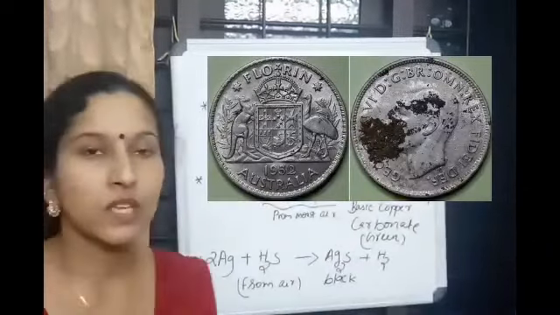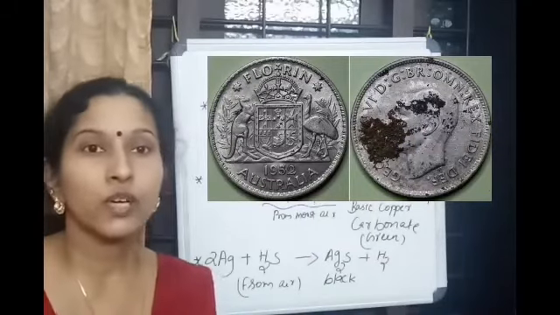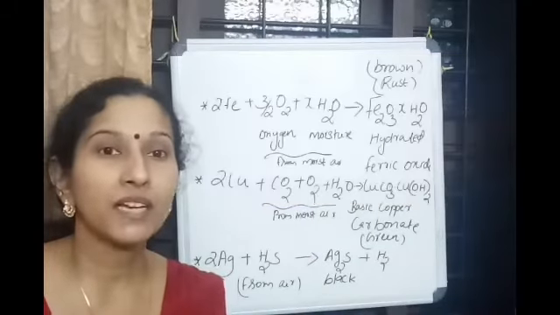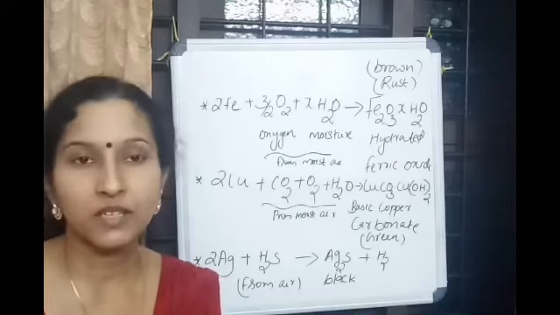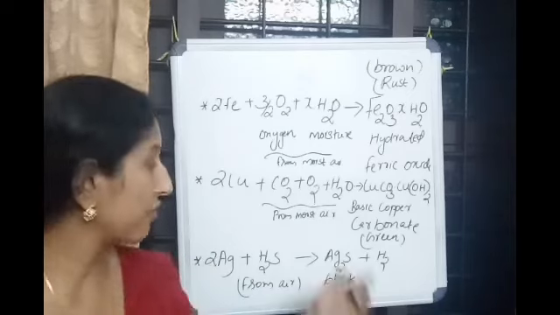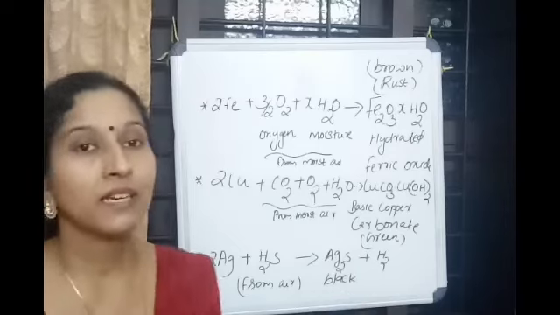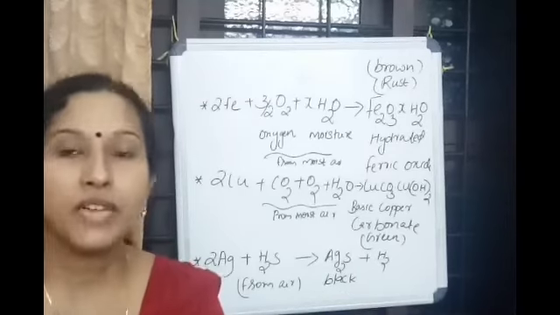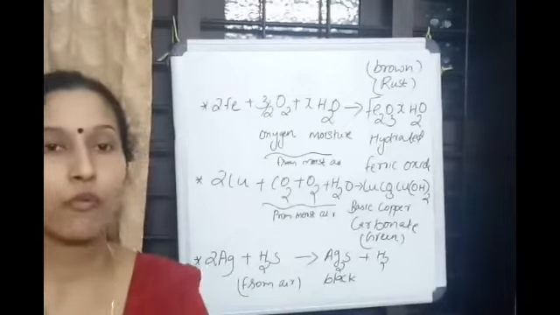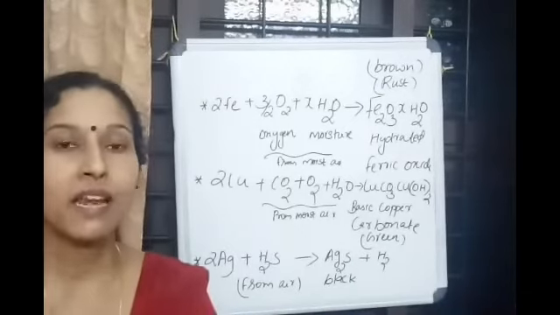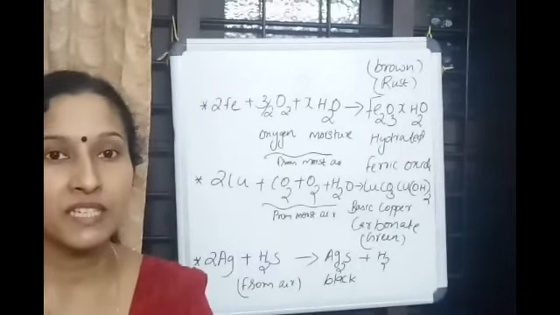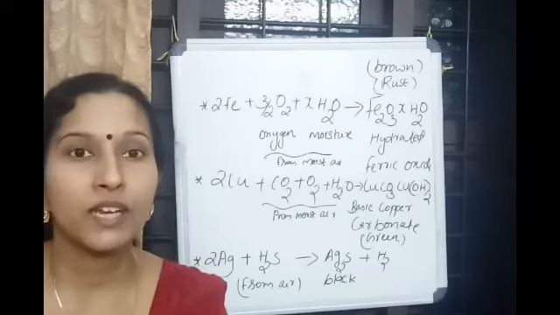This is why the anklets become black after using for some time, right? And there are different types of prevention techniques to avoid the rusting of iron, like painting, greasing, galvanization, oiling, etc.